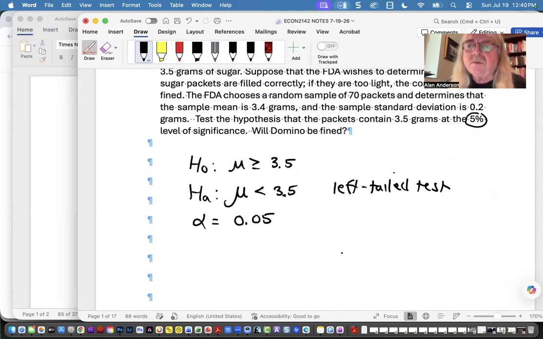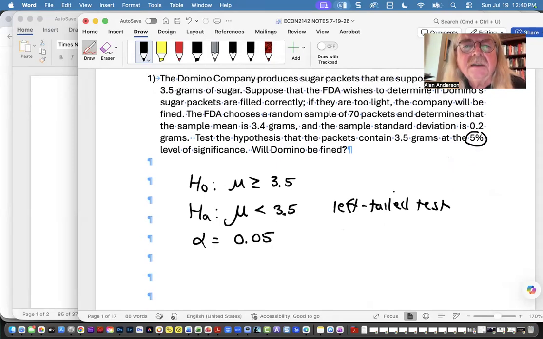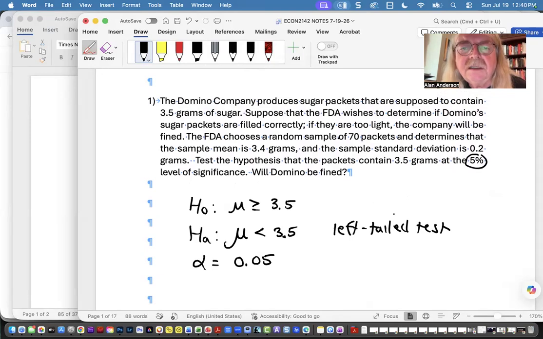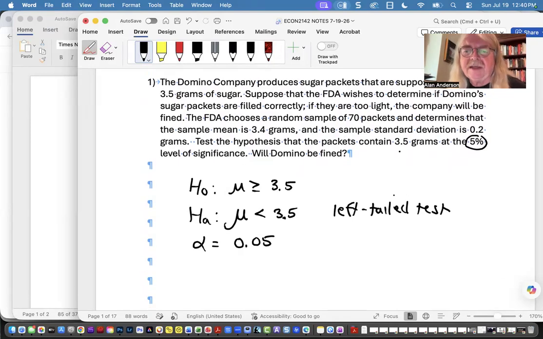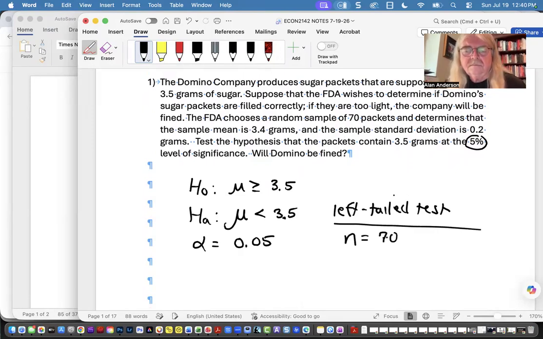Now, for this type of test, what is the test statistic? Well, it depends on what kind of data we're given. First, we have a random sample of 70 packets. And the sample mean is 3.4 grams.